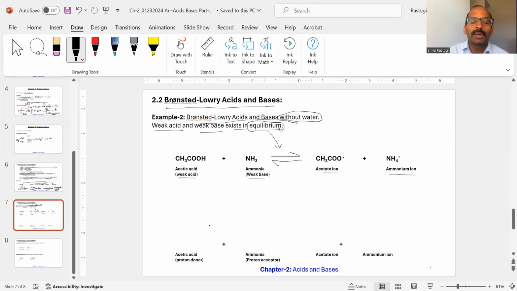So how does this reaction happen? Here you can see this works as a proton donor, according to Bronsted-Lowry, and this becomes the proton acceptor.